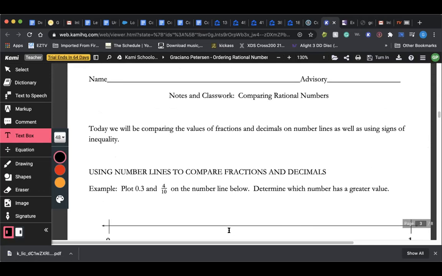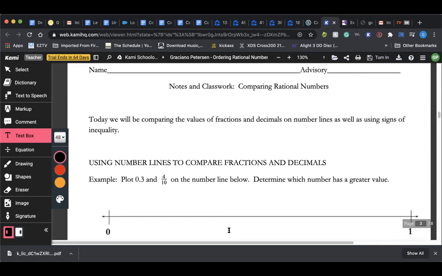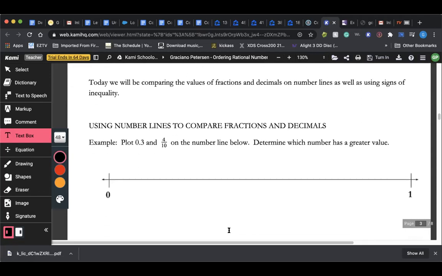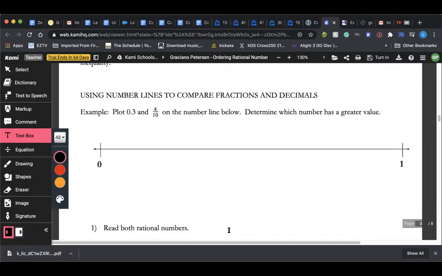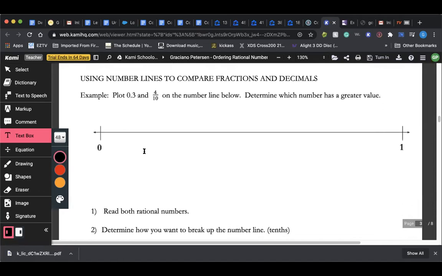So let's compare some numbers. Now that we've done our work establishing what decimals are and how decimals work, let's do our actual work of comparing rational numbers and comparing fractions to decimals. I have this decimal here, 0.3, and this fraction 4/10.